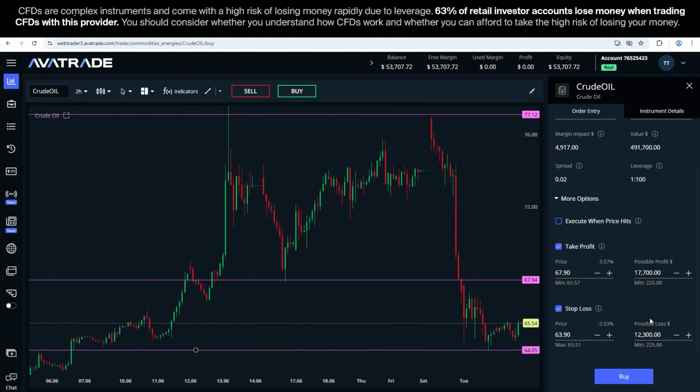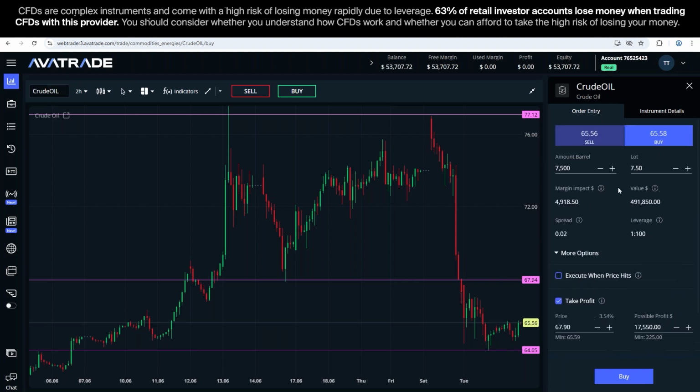And so the possible profit compared to the risk is an okay ratio. Little more profit than risk. It doesn't always have to set up that way, but that's the way the support and resistance levels set up right now. And then we can adjust the trade size to be the amount of risk that you're comfortable with.